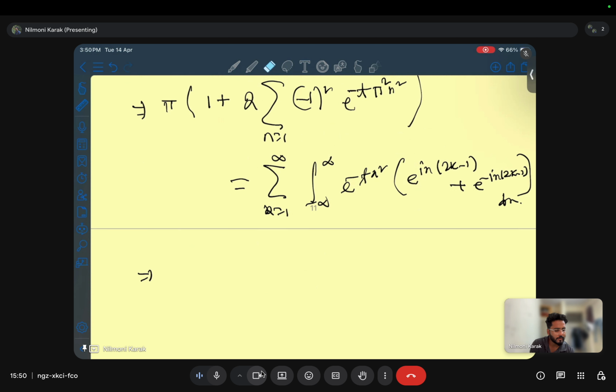Okay, and this is actually, if you see closely, 2 times the integral from minus infinity to infinity, which is 2 times the Fourier transform of the Gaussian.